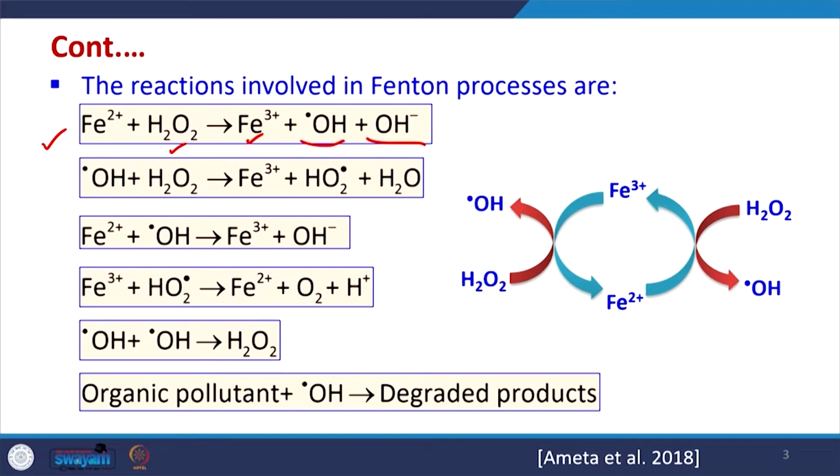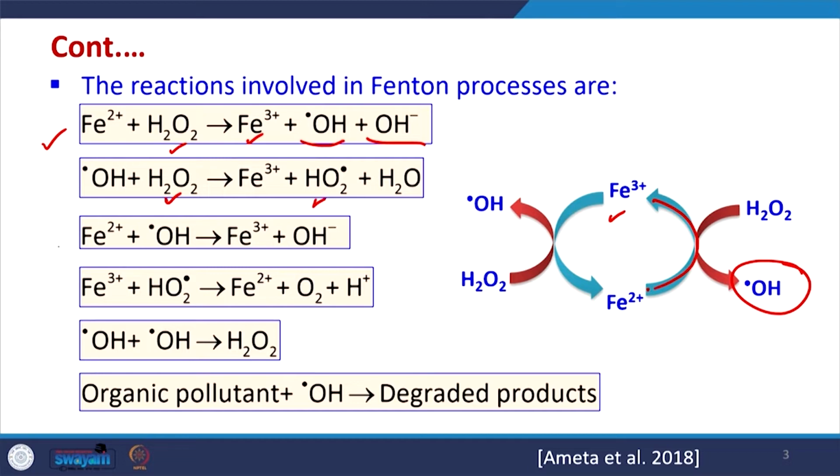So, Fe2+ with H2O2 in combination may form Fe3+ and some radicals are generated. Now, this radical may also combine with the hydrogen peroxide itself and give back the Fe3+ ion and some other types of radical during this process.